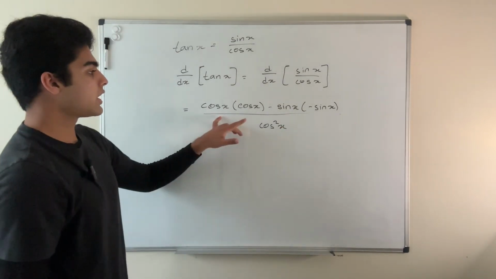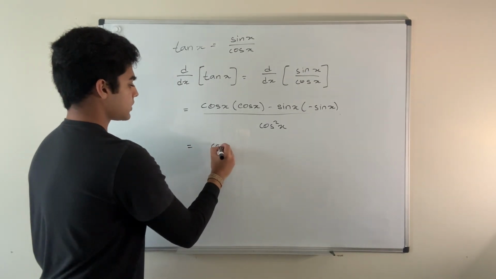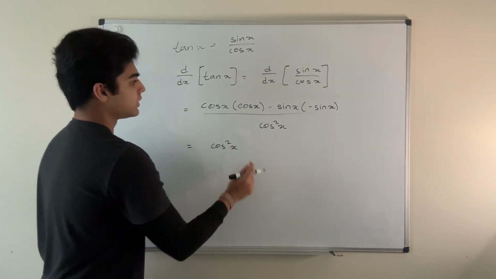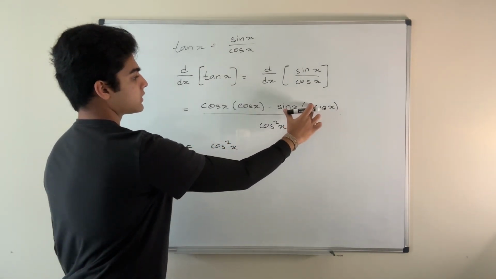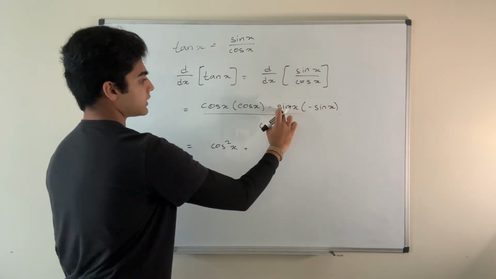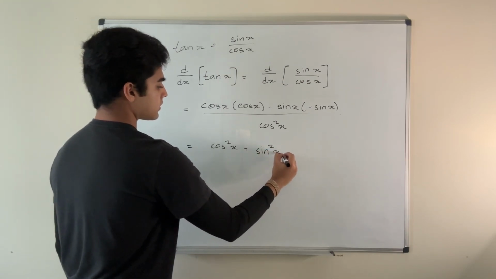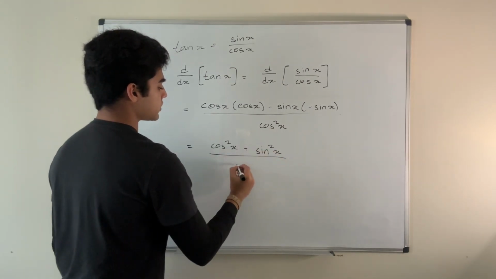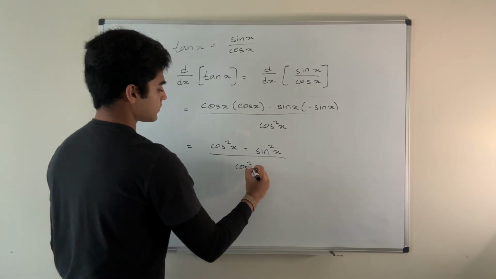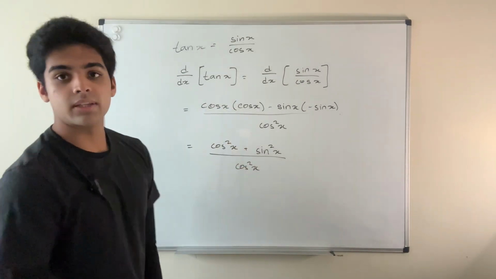Okay? Now if we simplify this a bit, we get cosine squared x. The double negative becomes a plus, and then sine squared x, and then all over cosine squared x. Now, this is actually one of our Pythagorean identities, right?